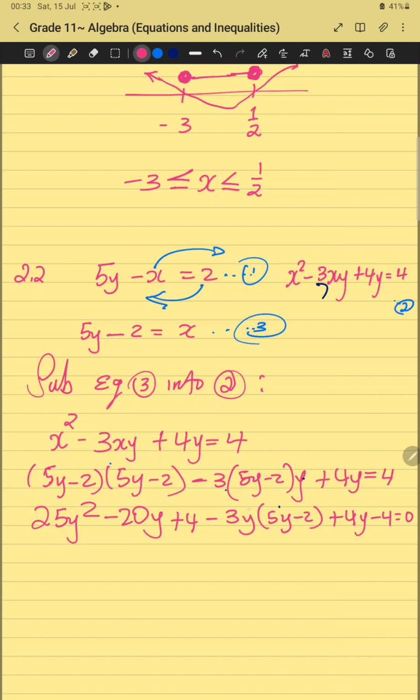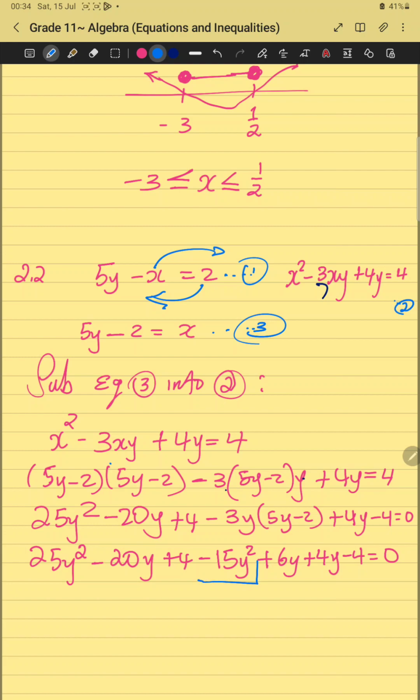And the next step is to open these brackets by 3y now, so that you know you must multiply it once. Okay, then the next step is to open those brackets and add like terms. Yeah, here we go. Let me just highlight those like terms for you. So we've got 15 and then 25, so 25 minus 15.